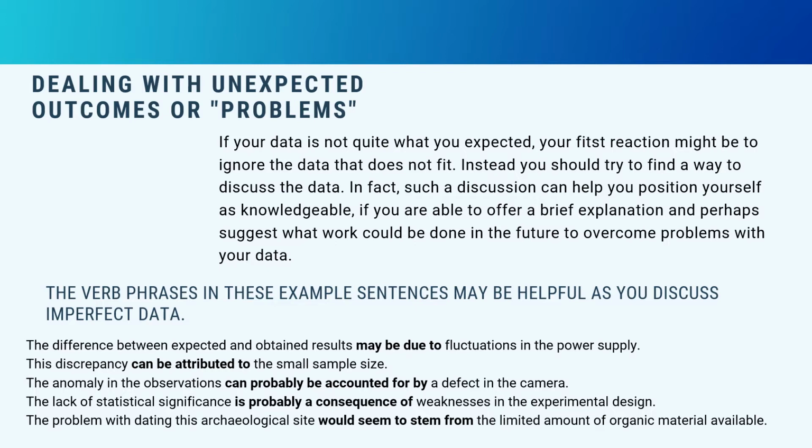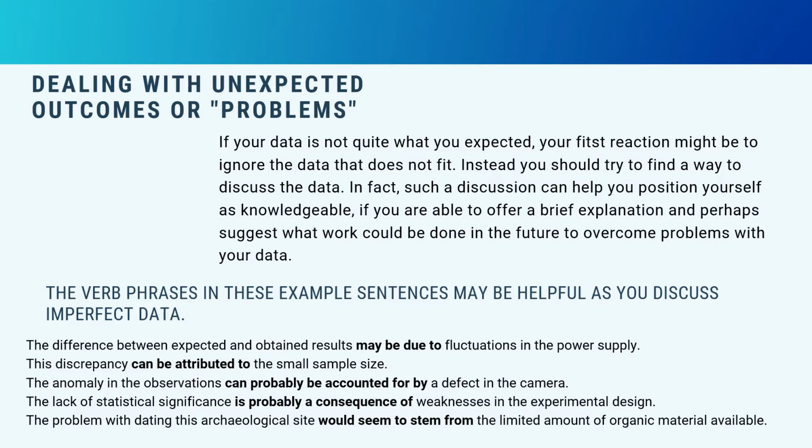The verb phrases in these example sentences may be helpful as you discuss imperfect data. For example, the difference between expected and obtained results may be due to fluctuations in the power supply. This discrepancy can be attributed to the small sample size.